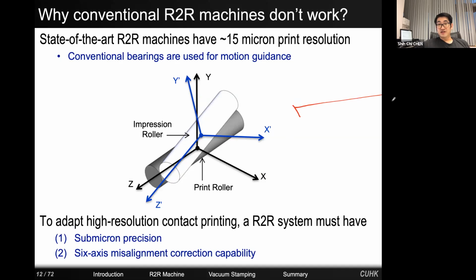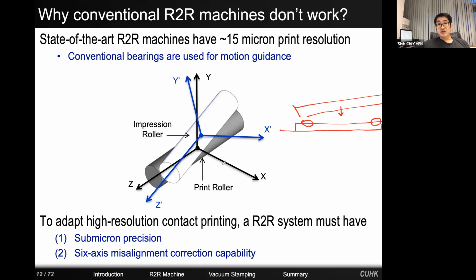For example, this is sort of exaggerated, but if you have two rollers brought into contact like this, then some areas will be overpressed, and some areas will not have pattern transferred. So this is in Z position, but also rotation in different axes.